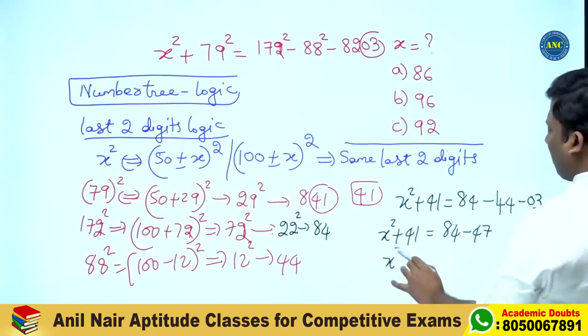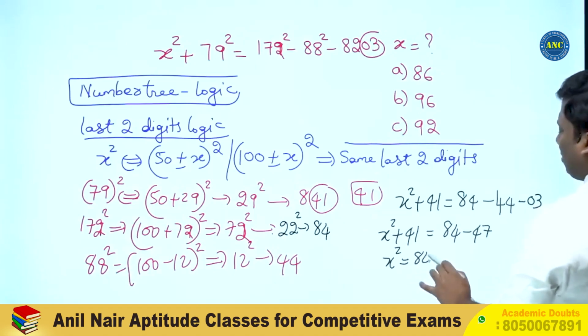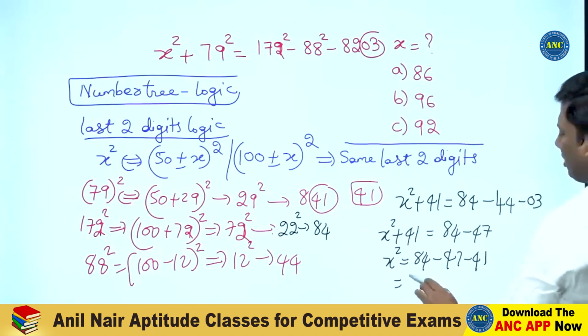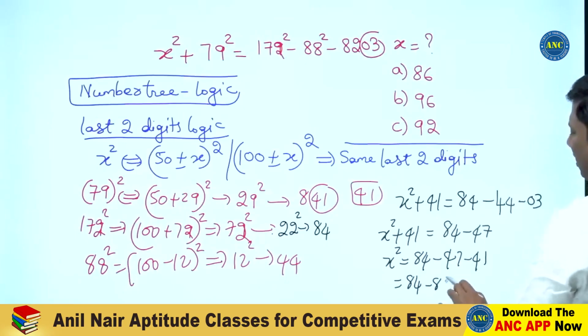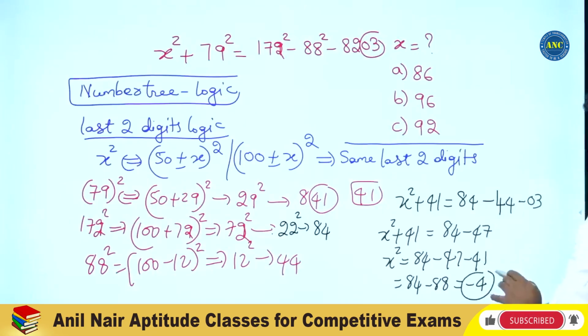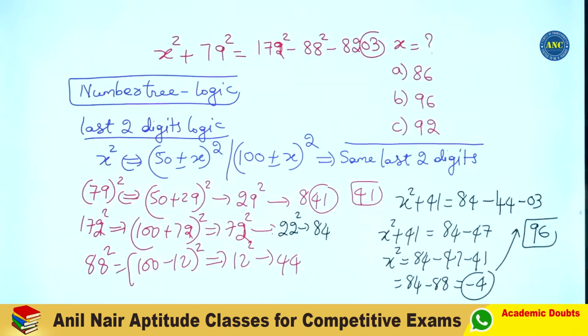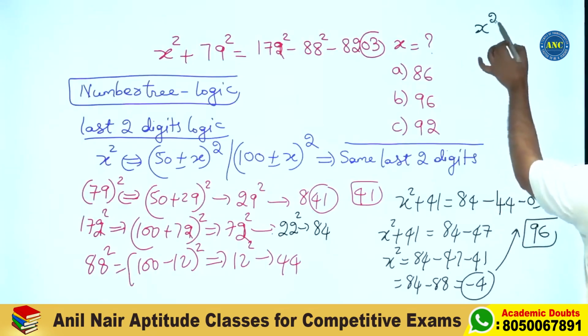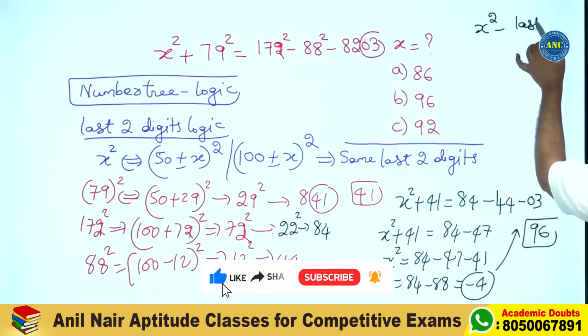So x square is equivalent to 84 minus 88, which is minus 4. If you get a negative remainder, minus 4, in last two digits, add it to 100. What is 100 minus 4? 96. The last two digits of the answer square will be 96.